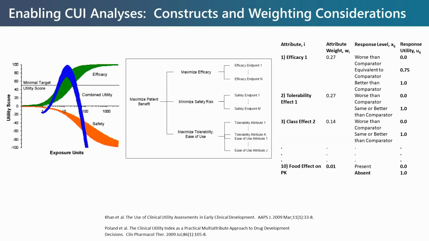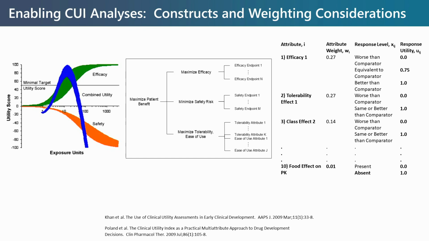Enabling CUI analysis or clinical utility analysis, constructs and weighting are the two critical components of such an analysis. As you can see on your right-hand side, you have a table, and the table consists of attributes, attribute weight, response level, and response utility.